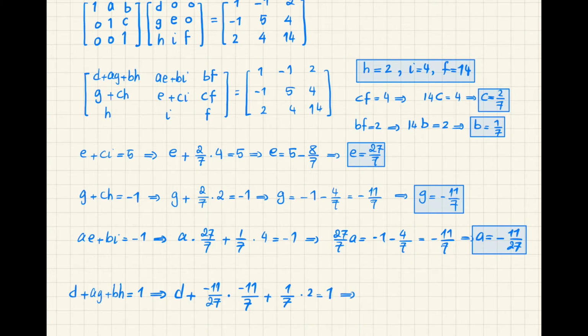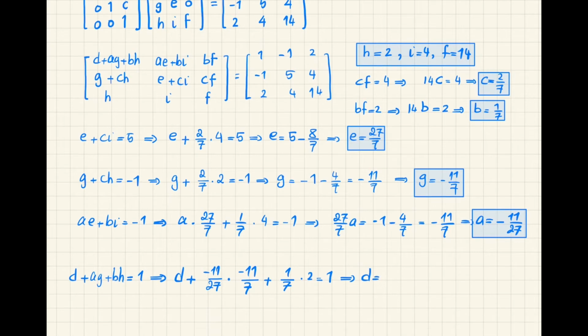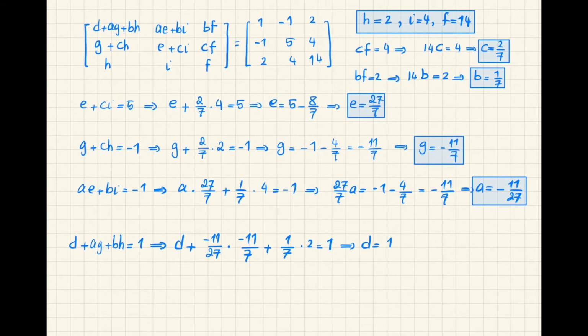So let me do this a little bit long calculation here. So this becomes 1 minus 2 over 7. Okay, so if I multiply 11 by 11, 121, so I will move it to the right hand side, it becomes negative, and this becomes 189, yes?